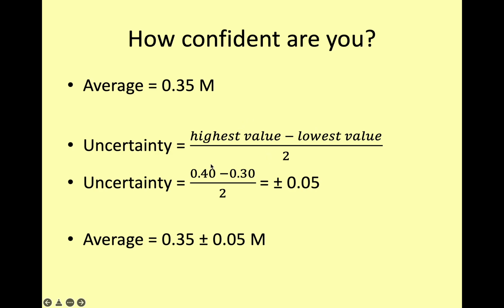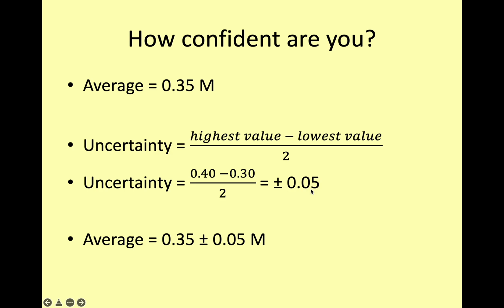We know that the highest molarity taken was 0.4 and the lowest molarity taken was 0.3. So let's find the halfway point in between: we subtract the two and divide by 2, and that is going to be our uncertainty. The difference is 0.1, and 0.1 divided by 2 is 0.05.